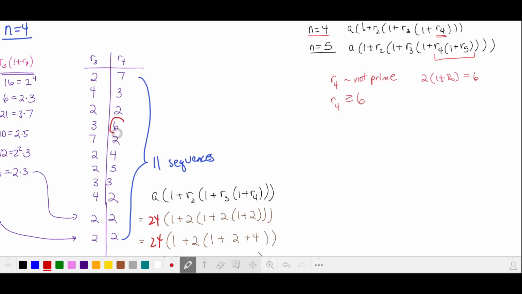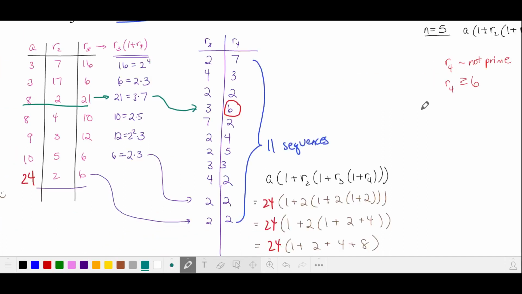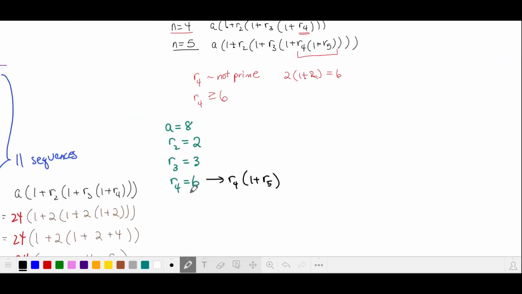We have one value that satisfies these requirements. This came from A equals 8, R2 equals 2, R3 equals 3, and R4 equals 6. We're going to replace this R4 with a new R4 times 1 plus R5. This gives us a new R4 of 2, and R5 is also equal to 2. This gives us one more valid sequence.